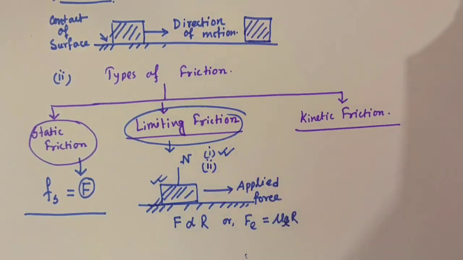Then next, number 2, the force of friction is tangential or parallel to the two surfaces in contact and acts opposite to the direction in which the body would start moving on applying the force. Now what is the direction for the force of friction?